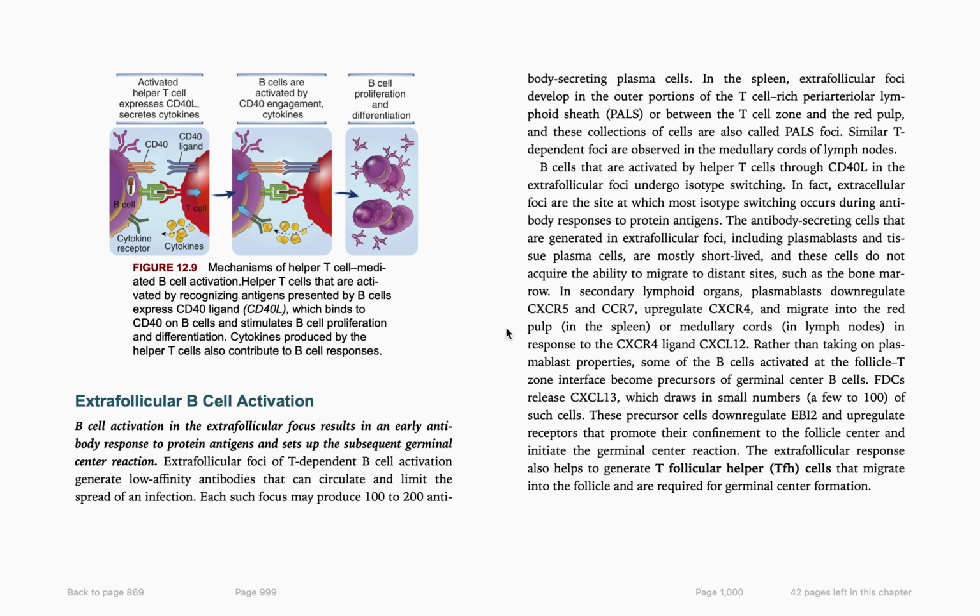These precursor cells downregulate EBI2 and upregulate receptors that promote their confinement to the follicle center and initiate the germinal center reaction. The extrafollicular response also helps to generate T follicular helper cells that migrate into the follicles, and they are required for germinal center formation.